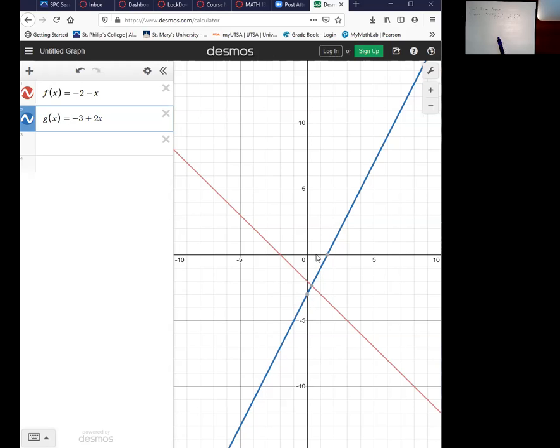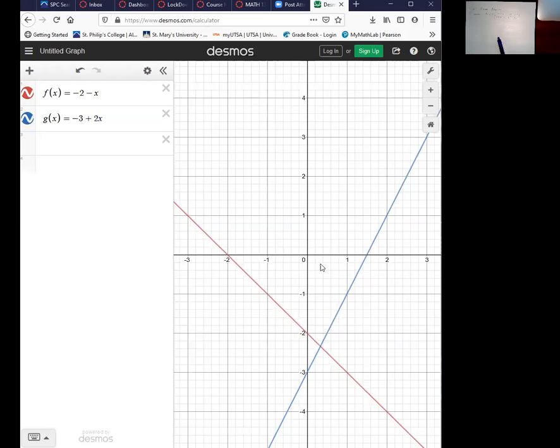So here's, 1's around here somewhere. Yeah, here. So I'm going to put a point, plug in x equals to 1 would be right there.